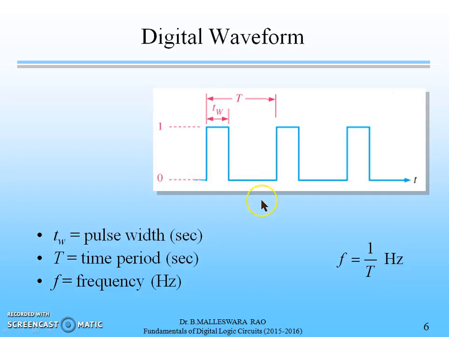We know that pulse width is measured in seconds. Time period is also measured in seconds. Frequency for a digital waveform is defined as the inverse of the time period. It is measured in hertz.